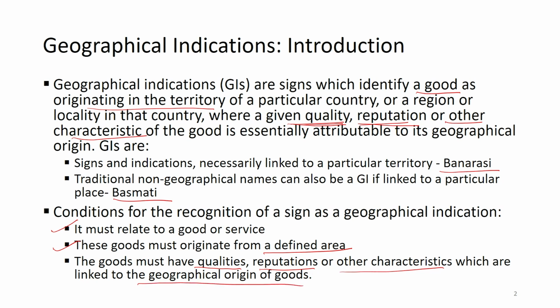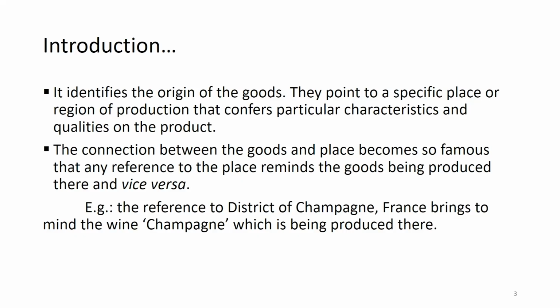It has those qualities, it has those characteristics because of the specific geographical location, the climatic condition maybe, or maybe because of specific manufacturing process prevalent in that place. So, this is the basic idea about geographical indication.